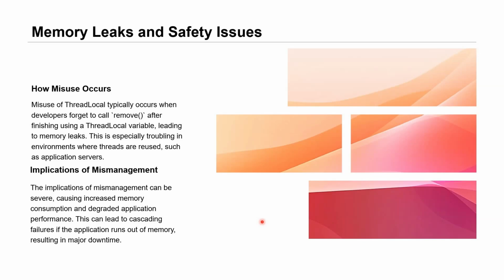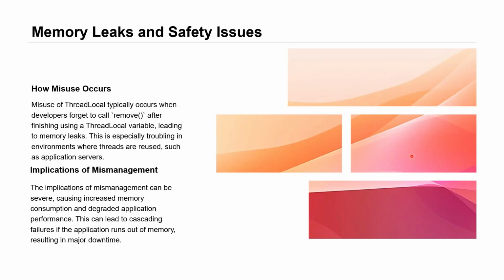This is especially troubling in environments where threads are reused, such as application servers. The implications of mismanagement can be severe, causing increased memory consumption and degraded application performance. This can lead to cascading failures if the application runs out of memory, resulting in major downtime.